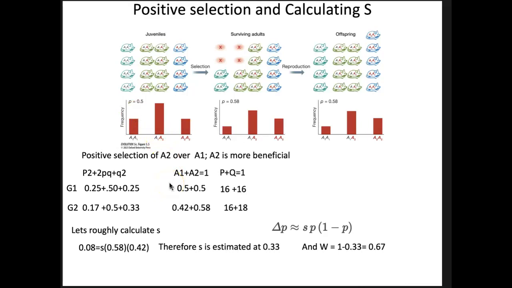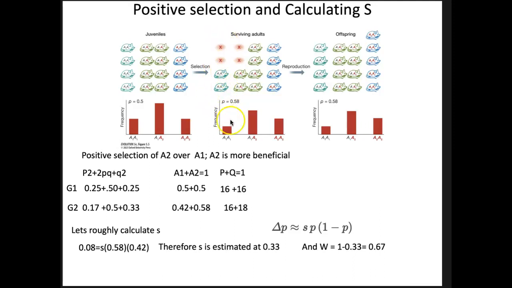But then the environment changed. The environmental context has changed, and now A sub 2 is going to be positively selected for. You can see the surviving adults after that environmental change occurred. That environmental change killed off some of these rats, negatively impacting individuals that had the A sub 1 genotype.